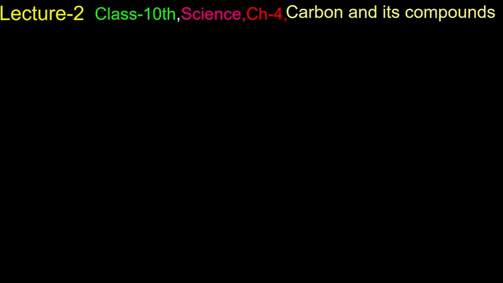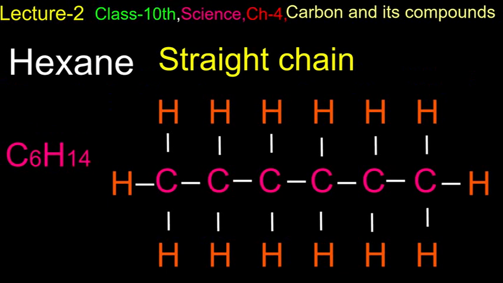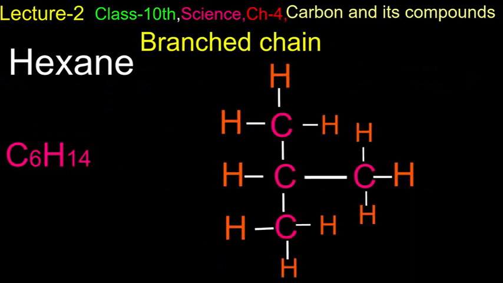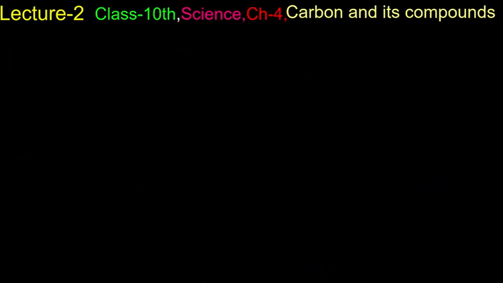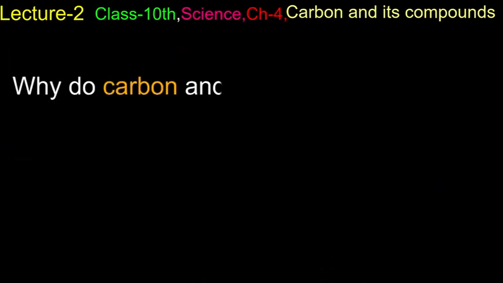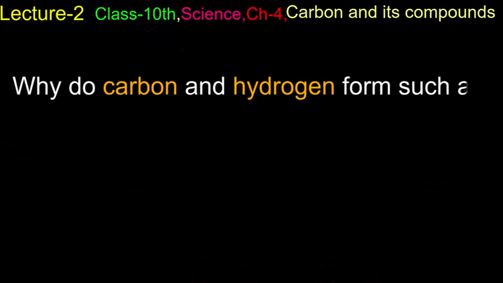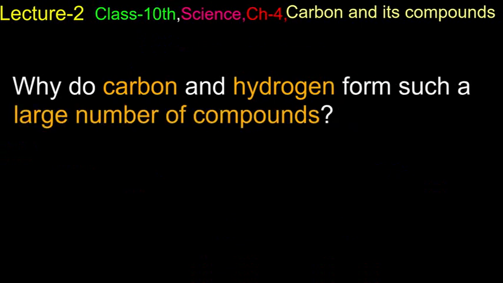The structural isomers can be straight chain, branched or cyclic carbon compounds. Now here is a question for you. Why do carbon and hydrogen form such a large number of compounds?